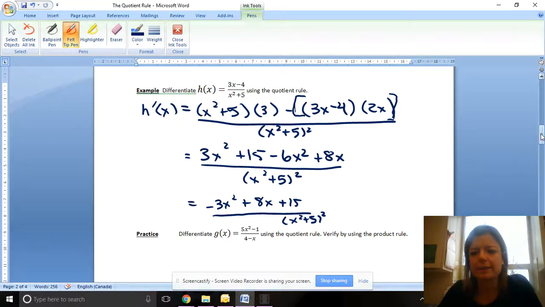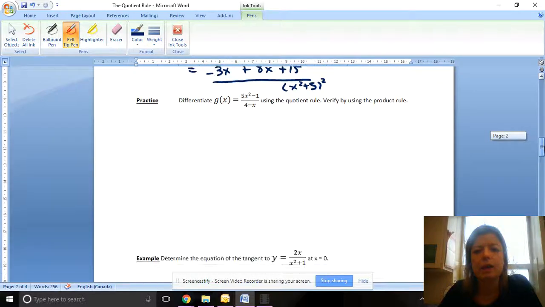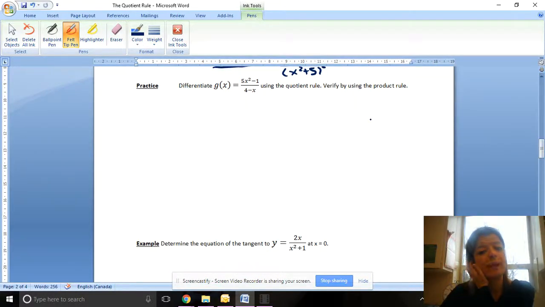Okay, so I have a practice question for you now, and I want you to pause the video and try this. So notice that there's two parts. So I want you to actually differentiate this using the quotient rule, and then verify it by doing it the product rule way to see that you get the same thing.